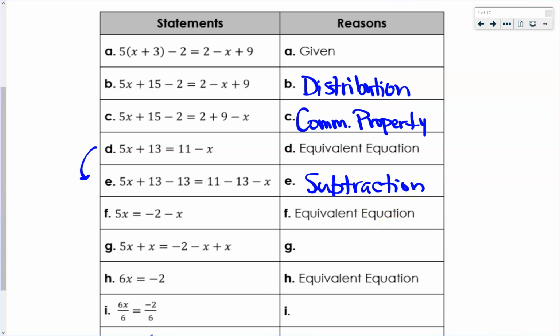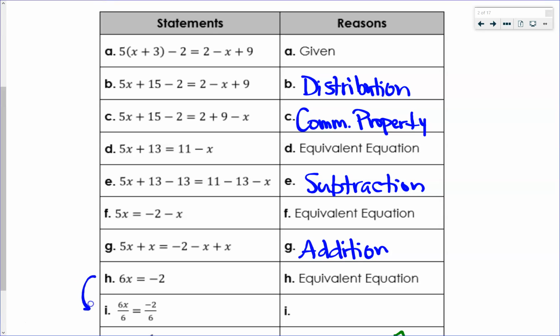Then I'm going to go from F to G. And on here, I'm going to notice that there's a plus x on both sides, so we did some addition. Here, minus x plus x, that cancels. 5x plus x gives me 6x, so that's the equivalent equation below.